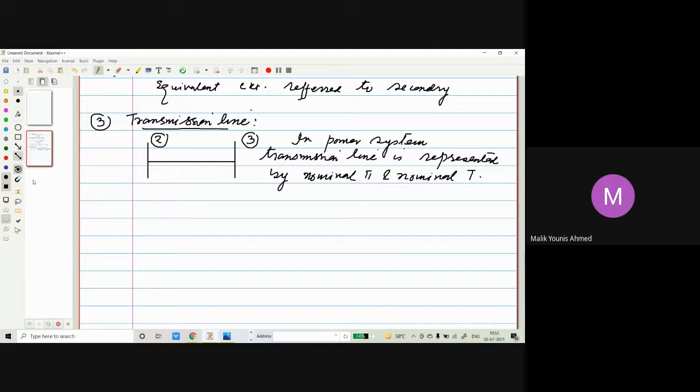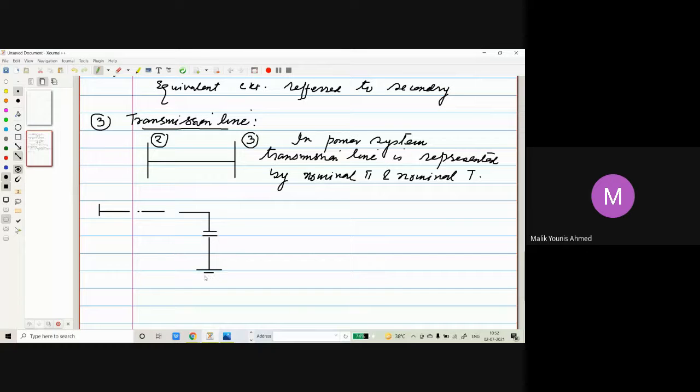This will be very simple to draw, the T model. So this will be first resistance, reactance, then we will have shunt capacitance.